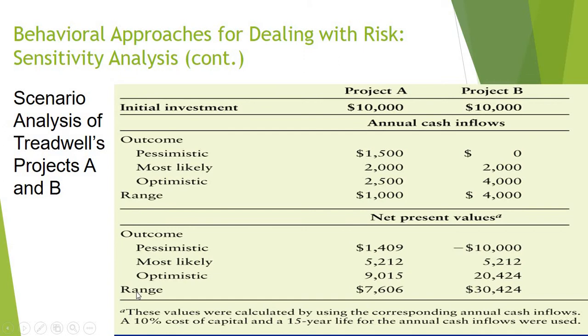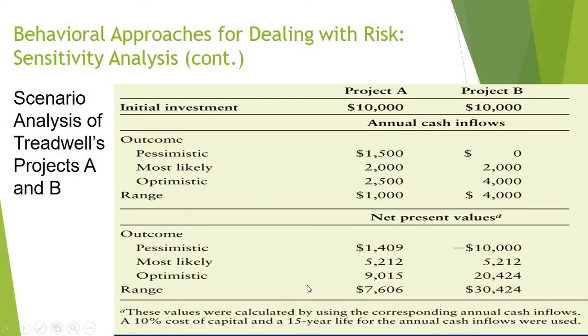Now, with a 10% cost of capital and a 15-year life for each project, if we calculate the NPV, you will also find that for pessimistic cash flows, the NPV of project A is $1,409, whereas the NPV of project B is minus $10,000.